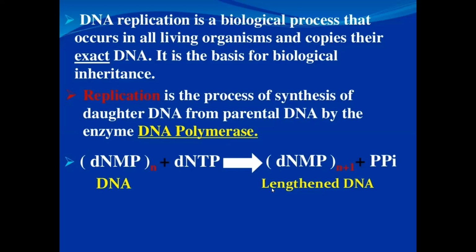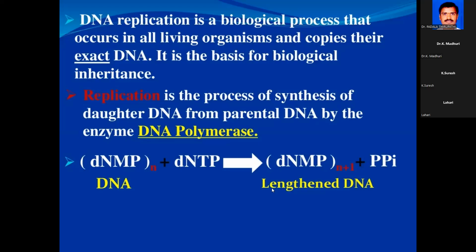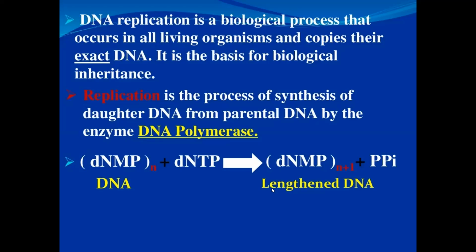Replication is the synthesis of daughter DNA from parental DNA by the enzyme DNA polymerase. There are n number of enzymes involved in this process. Once I give you the tinge of DNA replication, I'll show you the animation also, of how the enzymes attach to the DNA and the DNA is doubled, and so on.